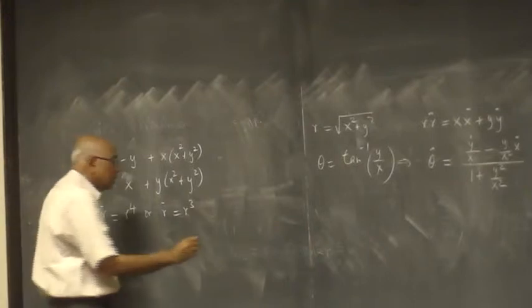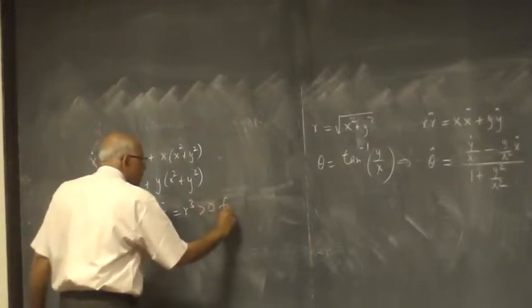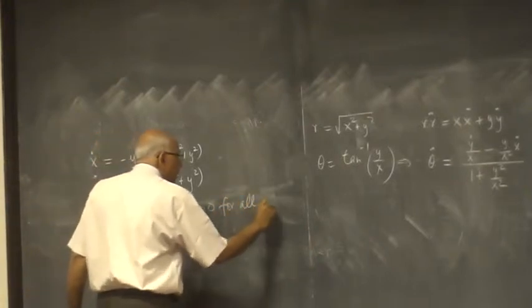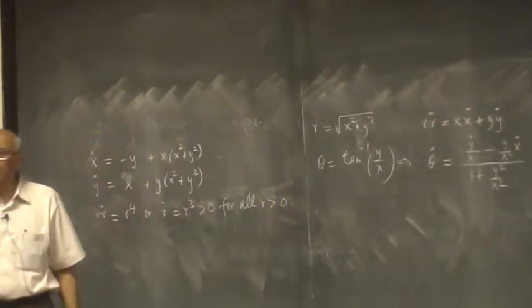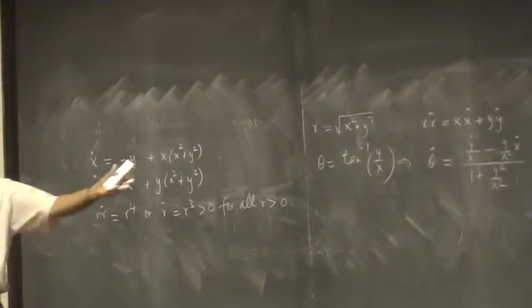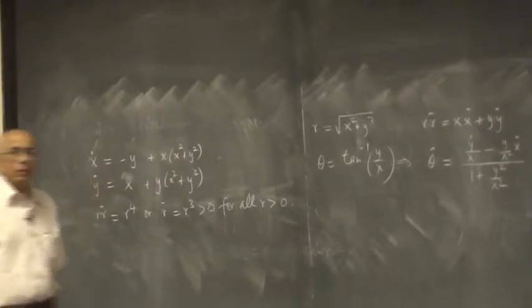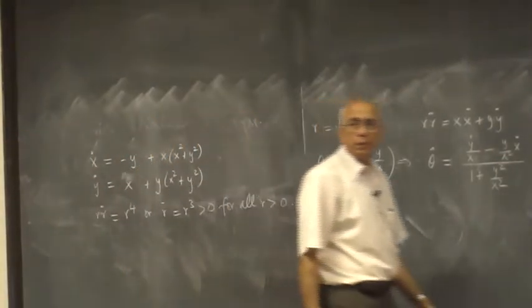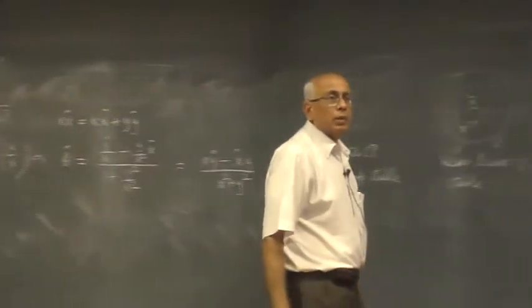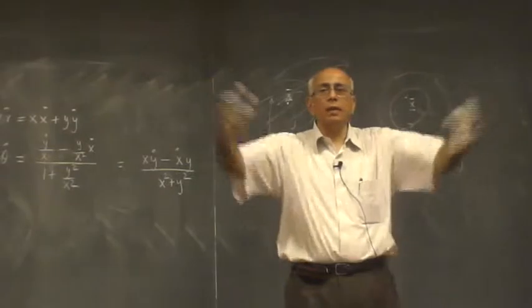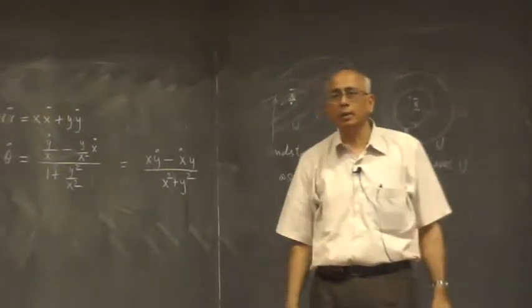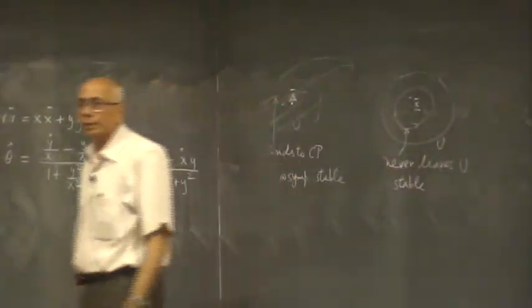But that's always greater than 0 for all r greater than 0. So everywhere in the plane, except at the critical point, it's going away. So it's not a center. Because a center would imply that trajectories in that neighborhood remain in that neighborhood. But here it says the radial distance is increasing indefinitely.